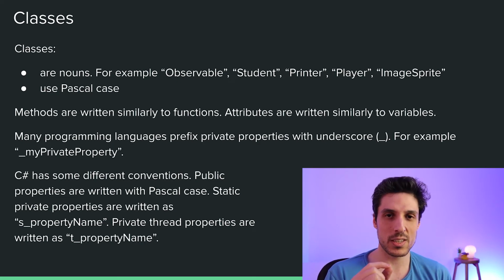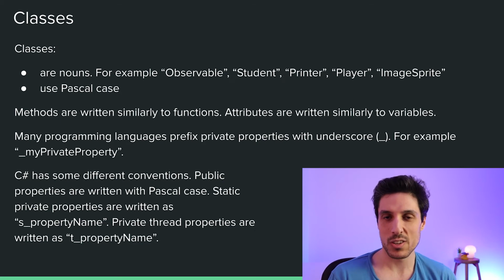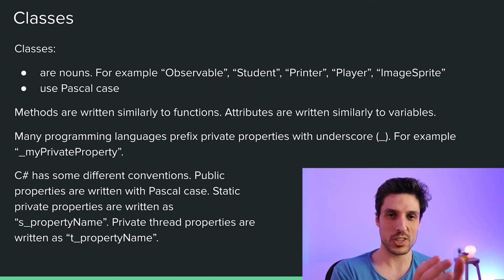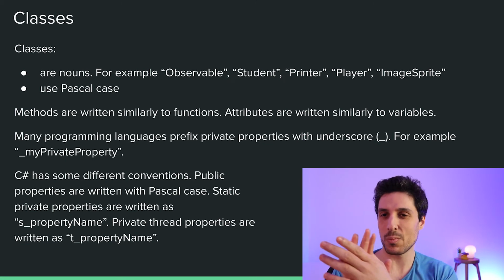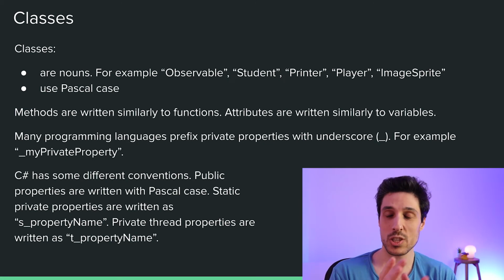Something that's different is the C# naming conventions. In C#, you use Pascal case for your public properties, both methods and attributes, not camel case. But for your private stuff, you do use camel case. If something is normal private, you prefix it with an underscore.